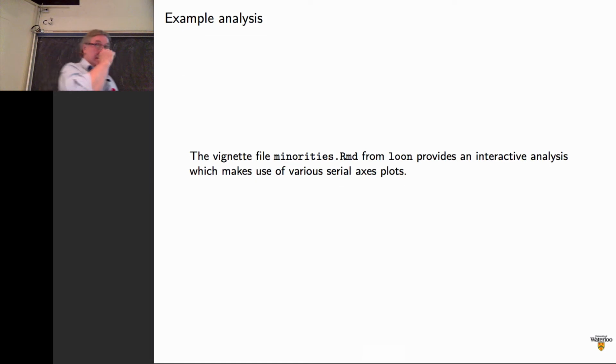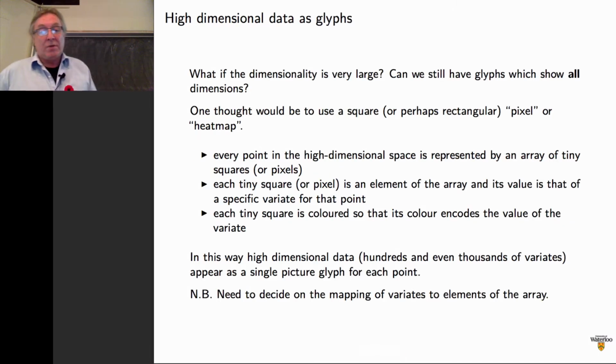So what if the dimensionality gets much larger? So maybe it's thousands of dimensions. Can we have a glyph that captures many, many dimensions? So one possibility is to think about a rectangular array.